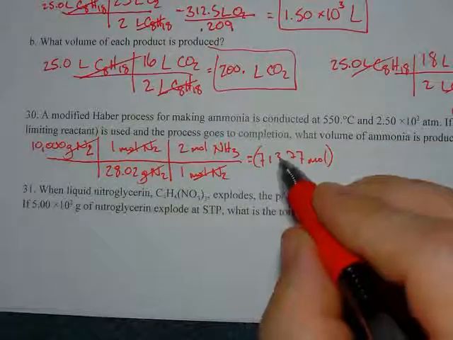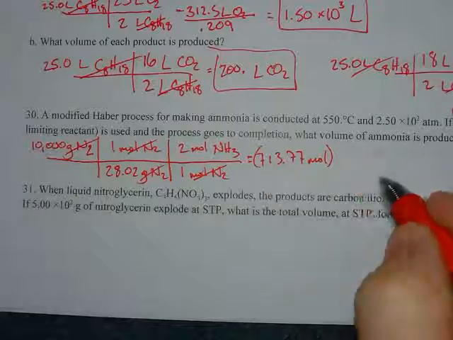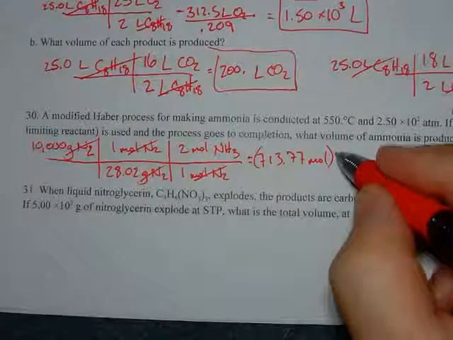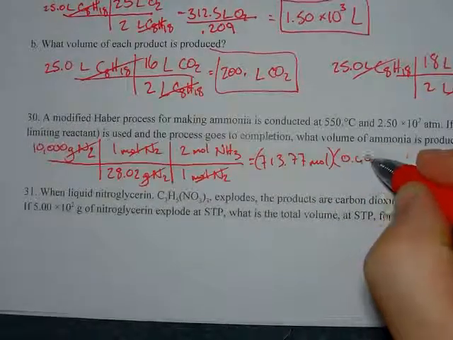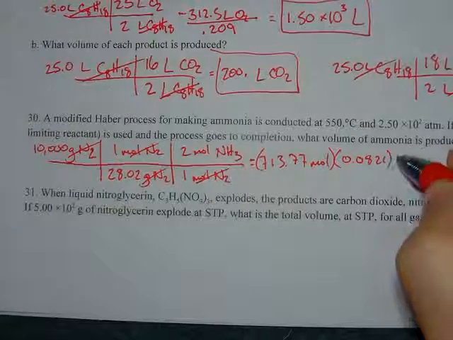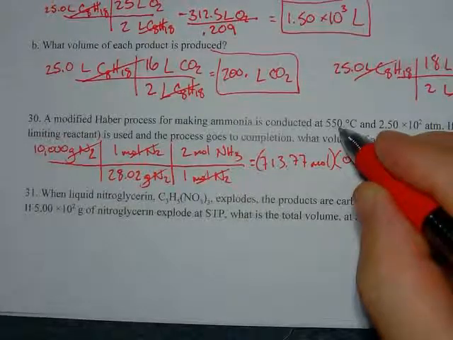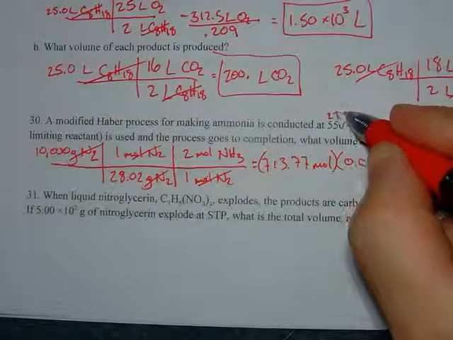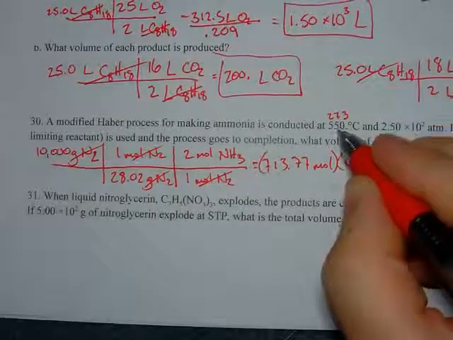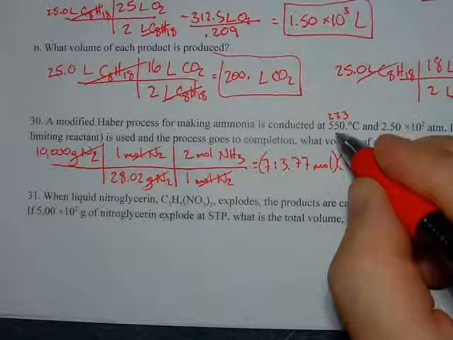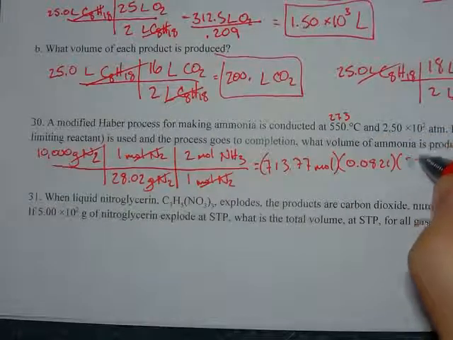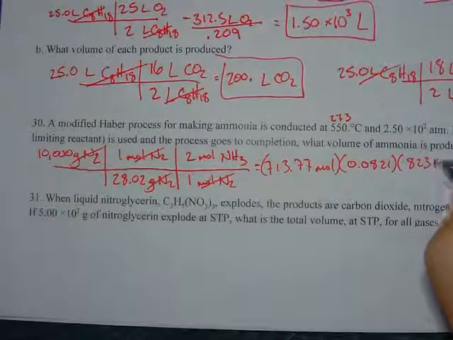So it's going to be nRT over P, right? Here's my n, here's my R, and that's my T, but I need it to be in kelvins, so I need to add 273 to it. It actually ends up being 823.